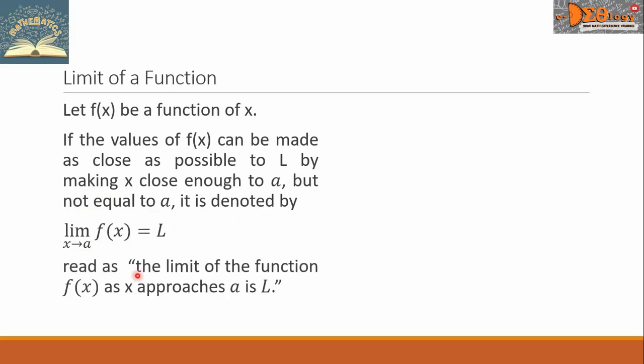We read this as the limit of the function f of x as x approaches a is capital L.